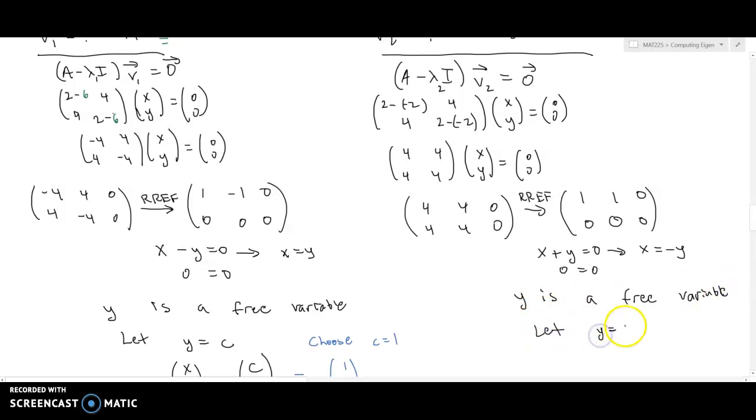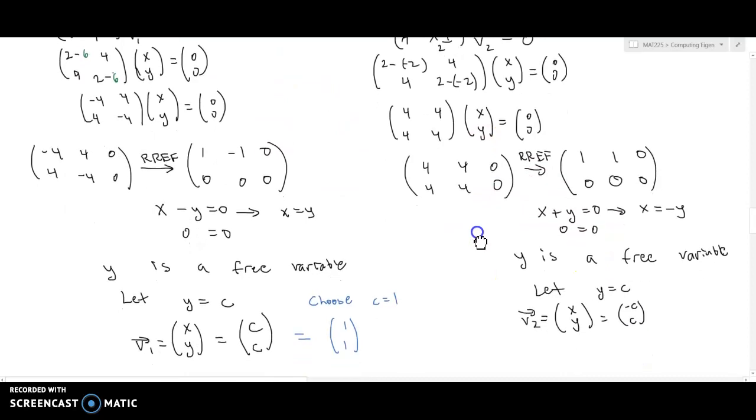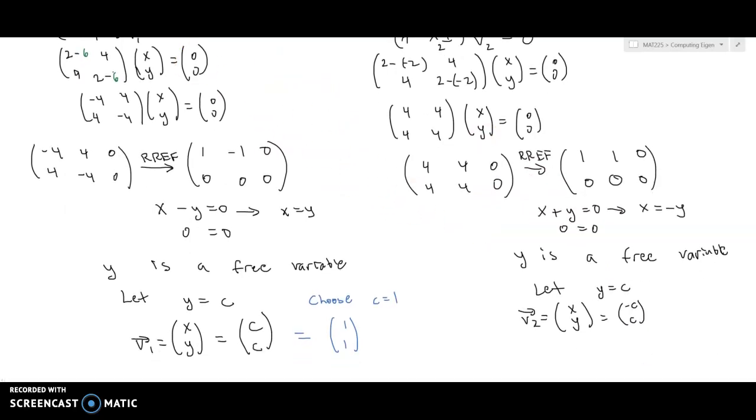Let y equal c, and therefore our solution for this eigenvector, v2, is going to be that x and y, well, if y is c, x has to be the negative of that. So any vector in which the two have opposite signs but the same value represents an eigenvector. And so let's again choose something simple.